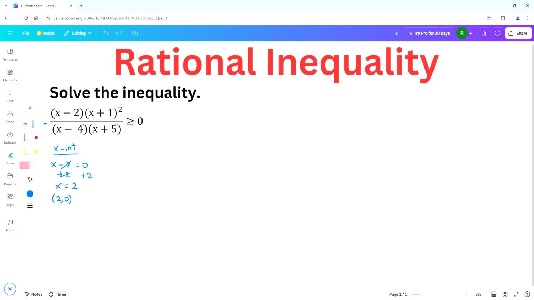Next, we can set x plus 1 equal to 0 and solve for x. I get x equals negative 1. This x-intercept can be written as an ordered pair as (-1, 0). Now we can find the vertical asymptotes. We should set the denominator expressions equal to 0 and solve for x.